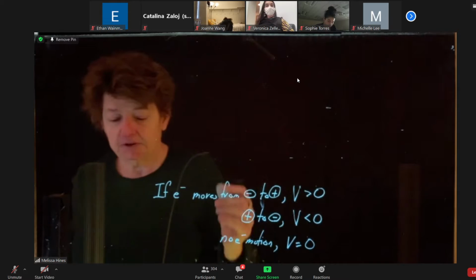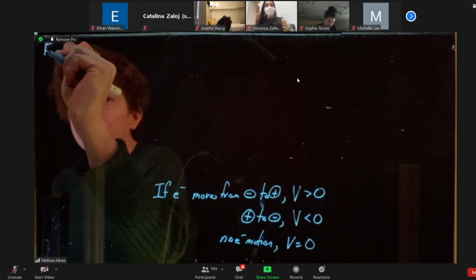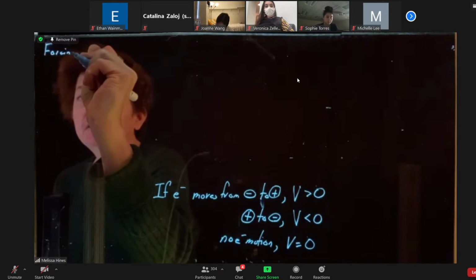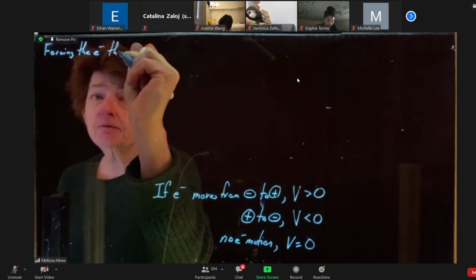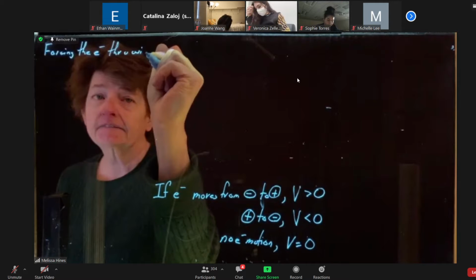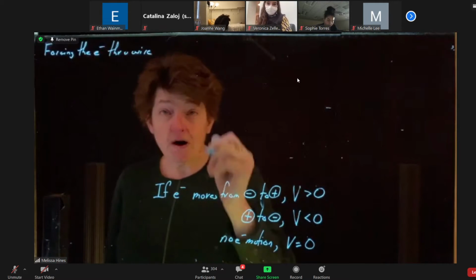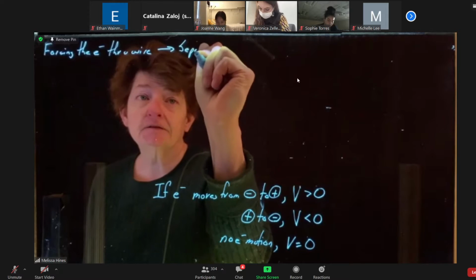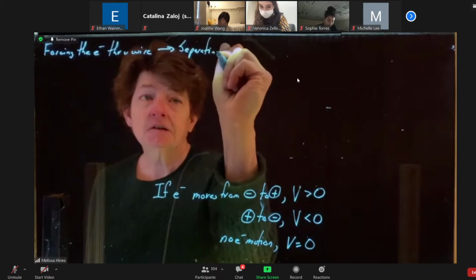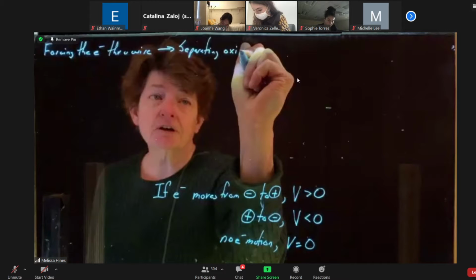Okay, so let's talk about forcing the electrons from our chemical reaction through a wire. And so the way we are going to do this is by separating our oxidation and reduction reactions.